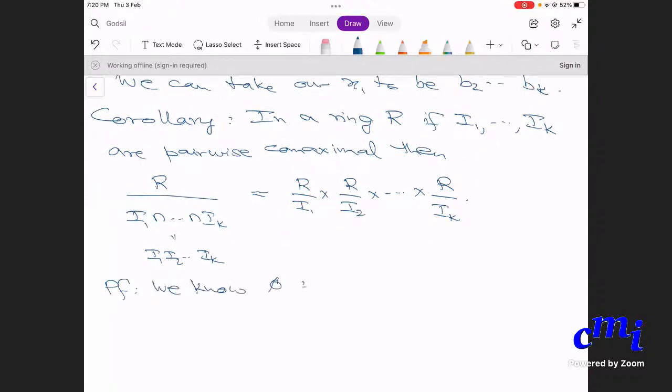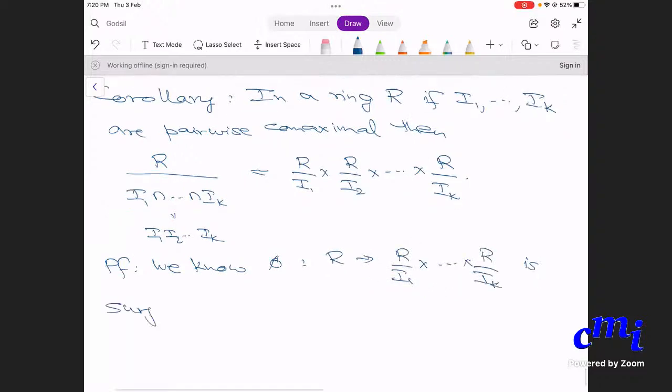phi is a ring homomorphism from R to R mod I1 cross up to R mod Ik, and it is surjective. It is surjective because that's what the Chinese remainder theorem said. The Chinese remainder theorem said that if they are pairwise co-maximal, then phi is surjective. And we also know that the kernel of phi is the ideal I1 intersect I2 intersect up to Ik, which is also the product of I1 up to Ik.